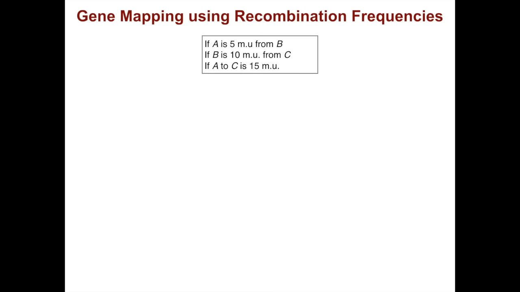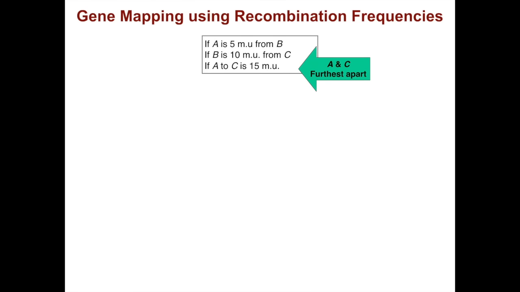Gene mapping, as we've discussed, occurs using recombination frequencies. So let's use another example. If gene A is 5 map units from gene B, and gene B is 10 map units from C, and if gene A is 15 map units away from C, then A and C are the furthest apart.